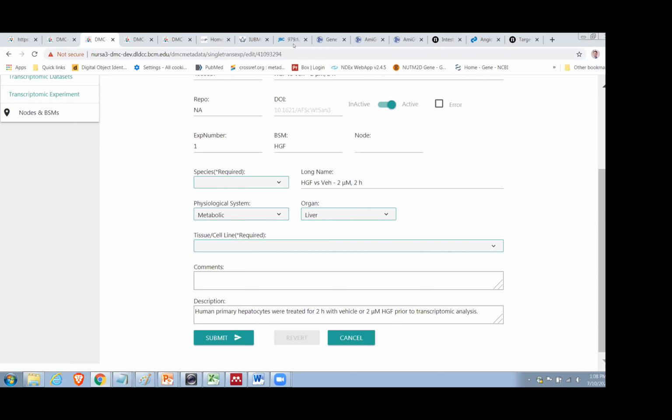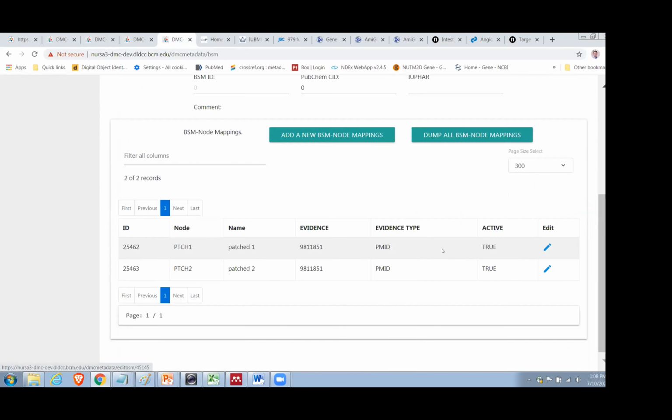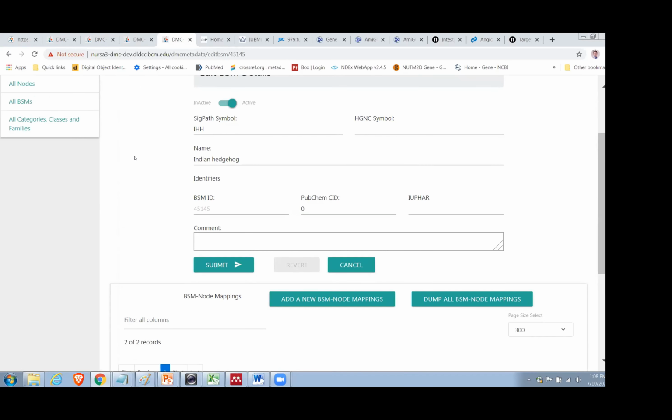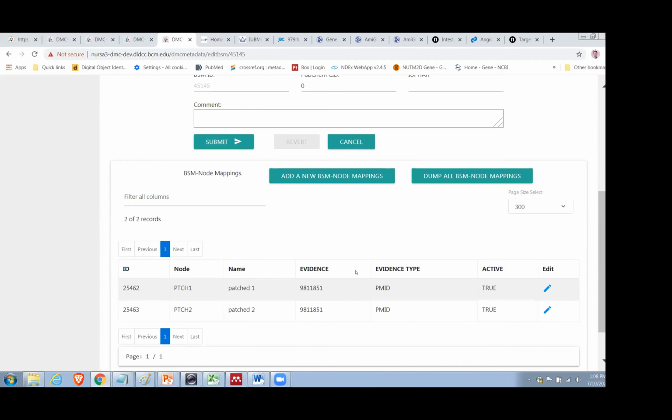However, of course, other small molecules exist. Here's Indian hedgehog. This particular small molecule is actually a natural peptide. It's encoded by a gene in the body, and it interacts with the patched receptor family.